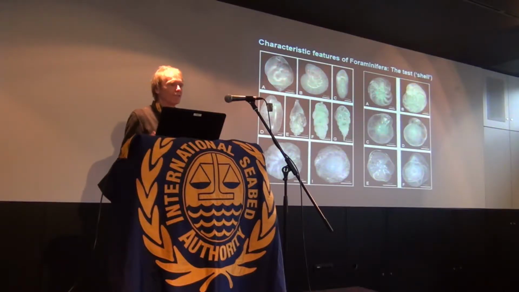The other really characteristic feature of foraminifera is the presence of a shell, a test. In fact, there are some naked forams which don't have a test, but these are really quite difficult to see in fixed samples. Well, I guess they're impossible to see in fixed samples.